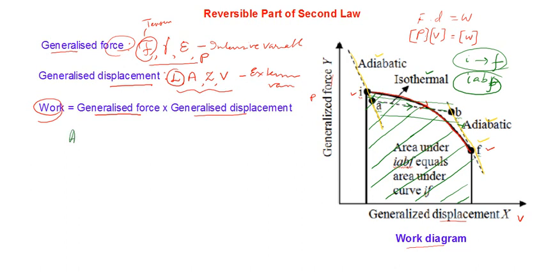The area under the IF curve, which I have shaded using green lines, should be equal to the area under a zigzag curve. What is a zigzag curve? Try to follow that in the diagram: I, A, B, F. That is a zigzag curve, right?